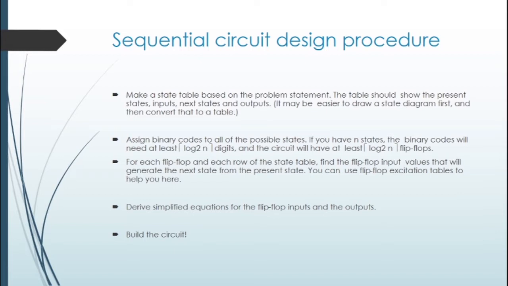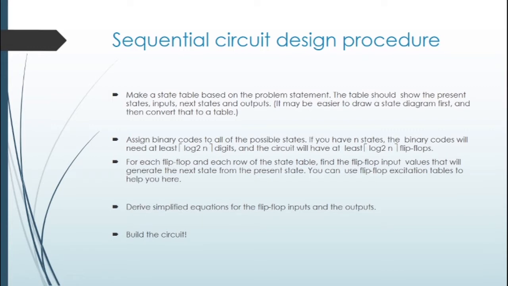And for each flip-flop and each row of the state table, we find the flip-flop input values that will generate the next state. For each state, we have transitions that depend on the inputs. If you have a single binary input, like the example last time, it means we have 2 possible options for a state transition from one state to another.